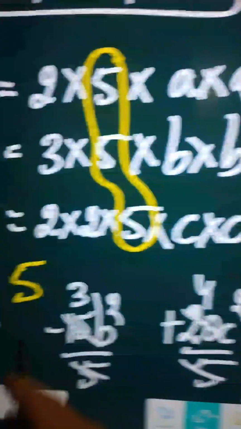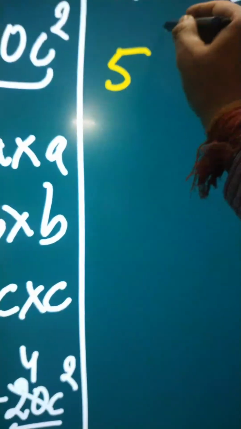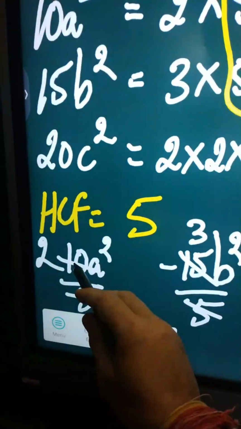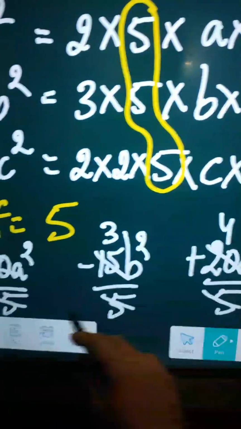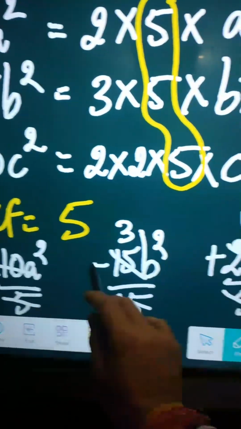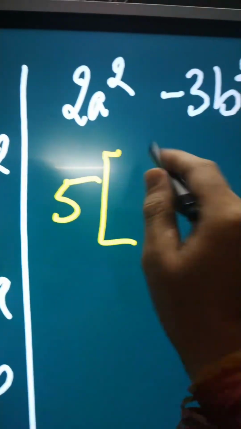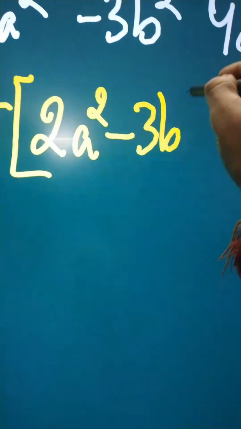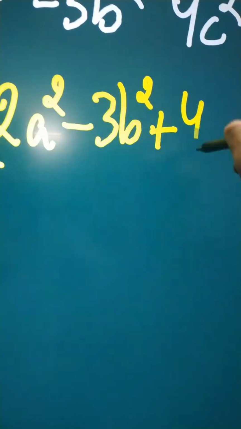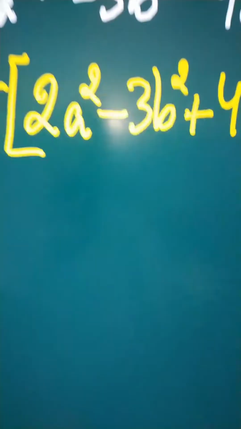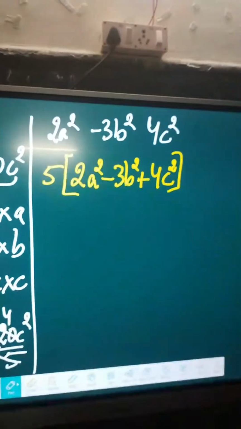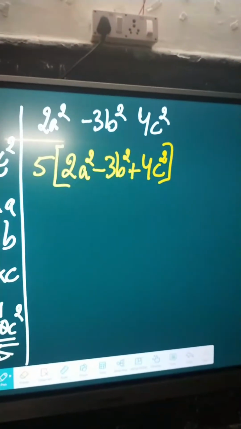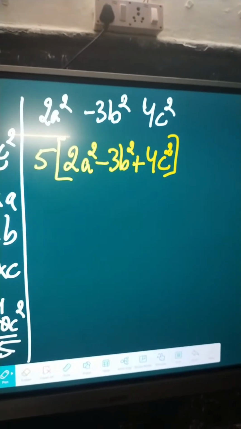First we write the HCF, 5, then inside the bracket we write each term divided by 5. So the answer is 5 bracket 2a square minus 3b square plus 4c square.